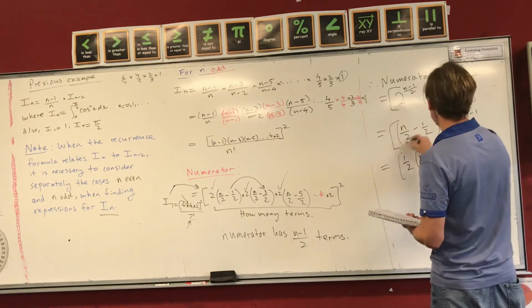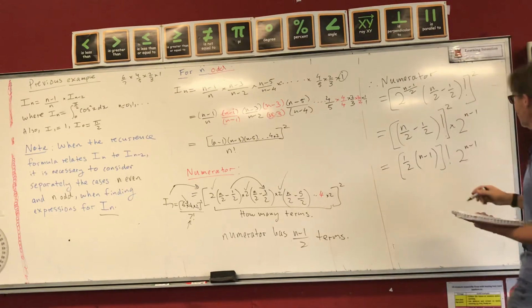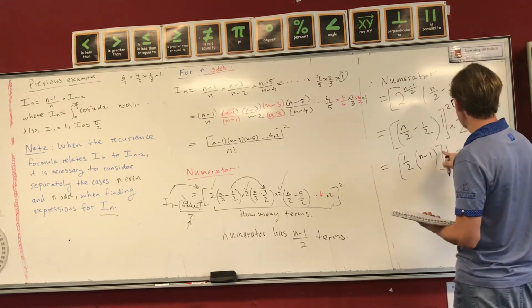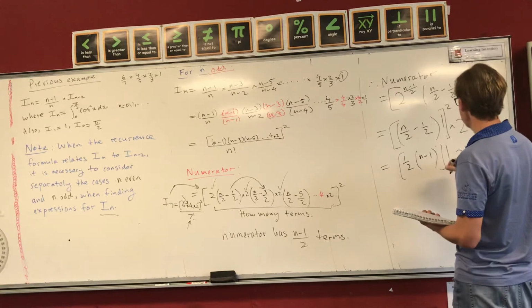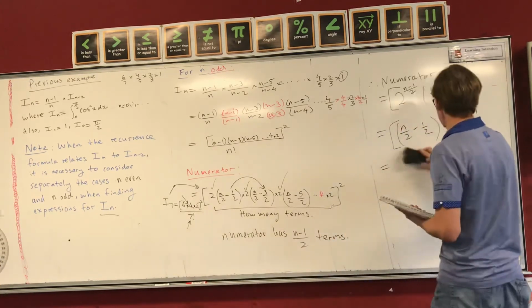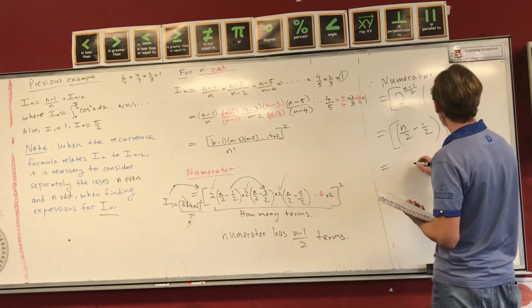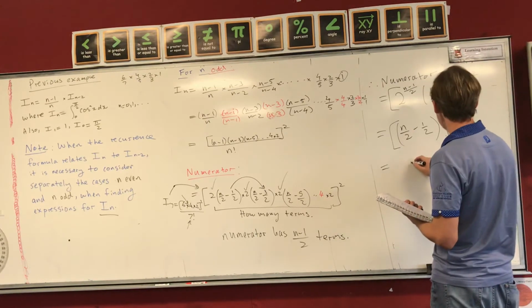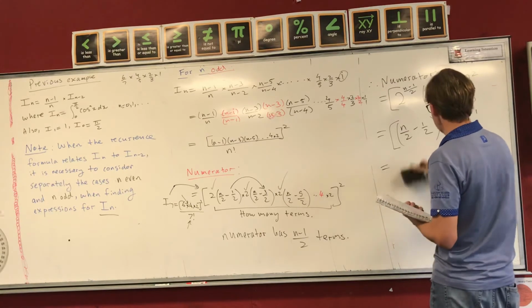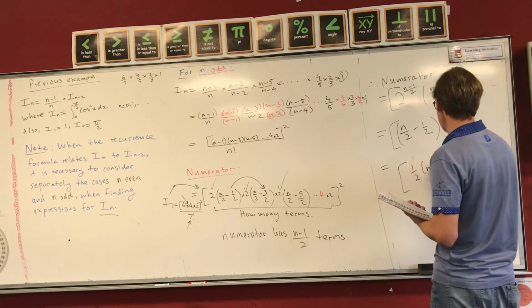So that should still be squared. So that should be n, square brackets, a half outside of n minus 1.